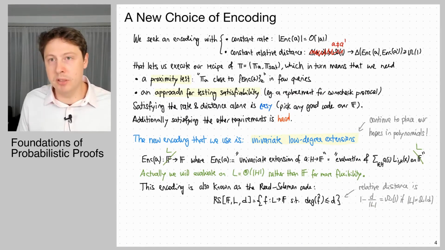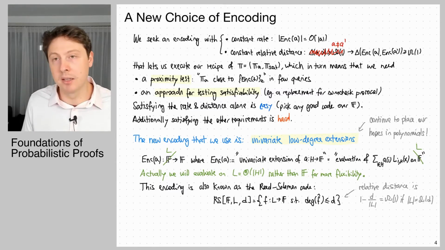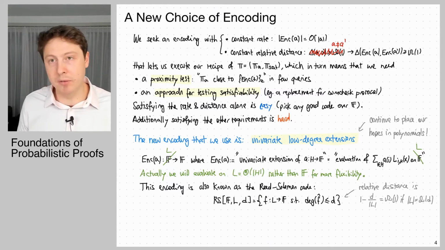Because two polynomials of degree d can agree in at most d locations, and in the worst case, each of these d locations is precisely over the evaluation domain, so you could lose up to d over L. So two code words in this code must differ in at least 1 minus d over L locations, and if L is on the order of d, then we have constant relative distance.